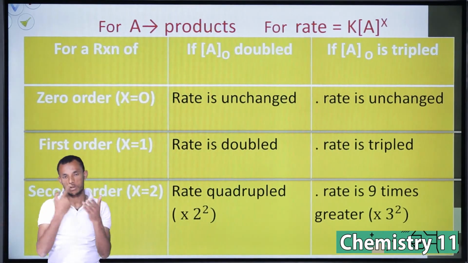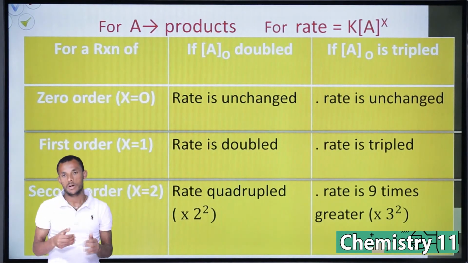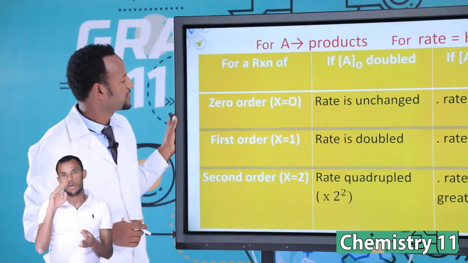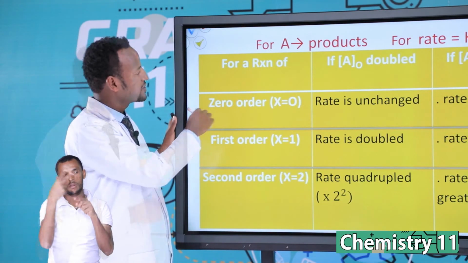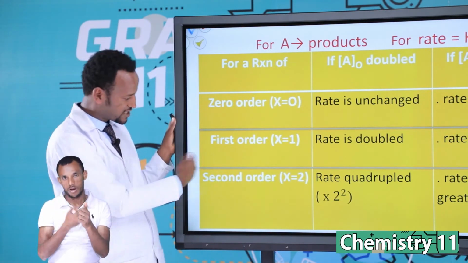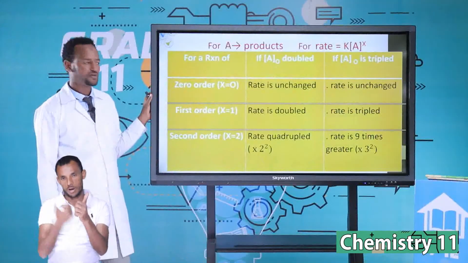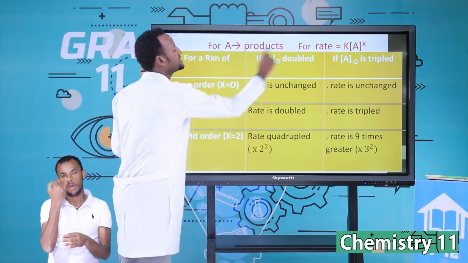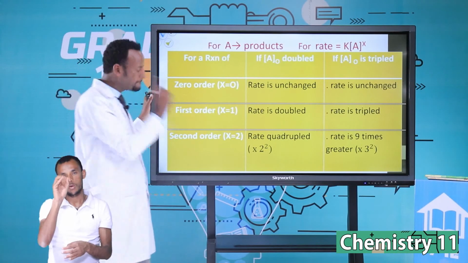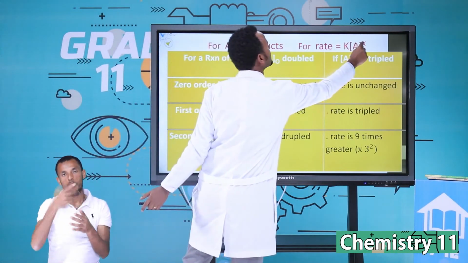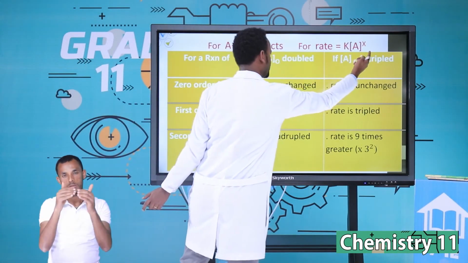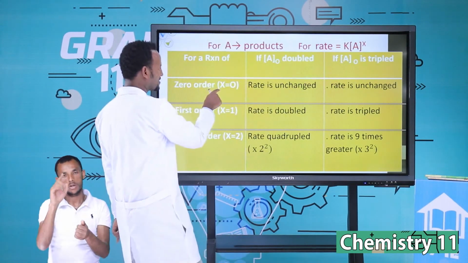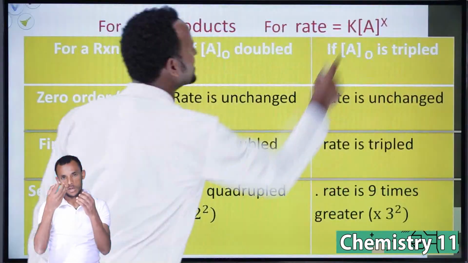Look at this general expression, by using a table, for zero order reaction, first order reaction and second order reaction. The first point here is, if A naught is doubled, what happens? For zero order, the concentration is doubled.